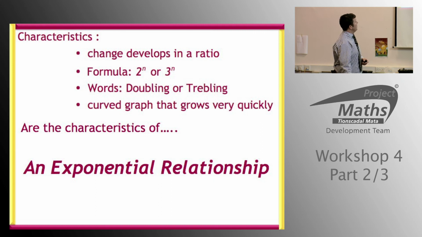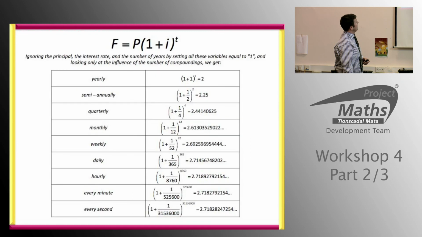And then, from your own point of view, if you look at that formula there, I've calculated out the interest rates, setting all the variables equal to 1. So yearly, semi-annual, quarterly, that's all changing. What do you notice when you get your interest rate every second? What number is that?